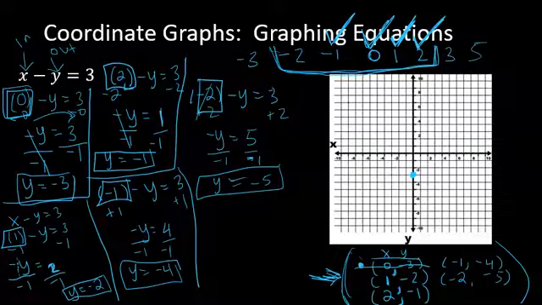Okay, so I have positive 1 and then negative 2. Okay, and then I have positive 2, negative 1. And then I have negative 1, which is all the way on the left-hand side, negative 4.